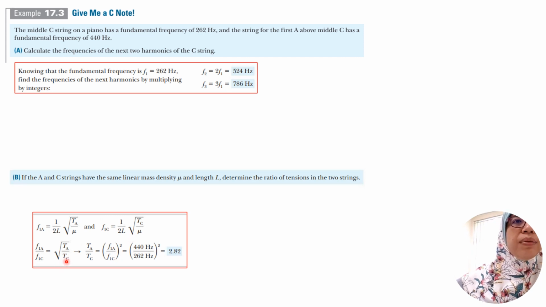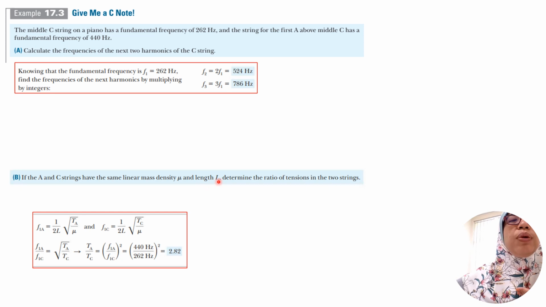Right, so when we divide them, you would notice that mu and L are dismissed. We can cancel them out. So as we cancel out, frequency A over frequency C, we are left with only tension A over tension C, square root. Then we substitute the values. If you ask me again why we cancel everything, madam?